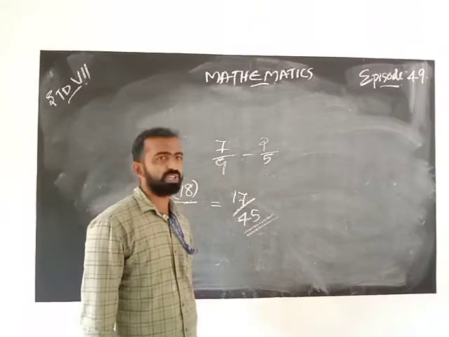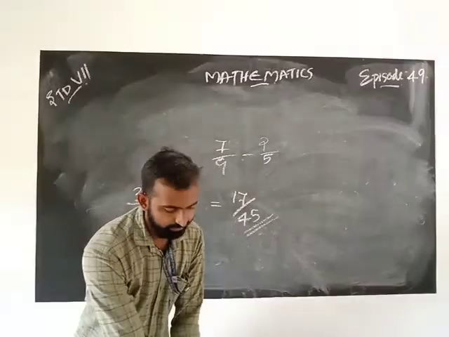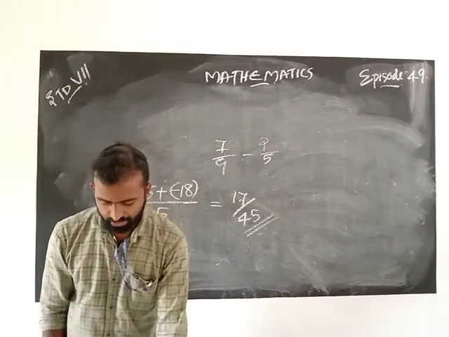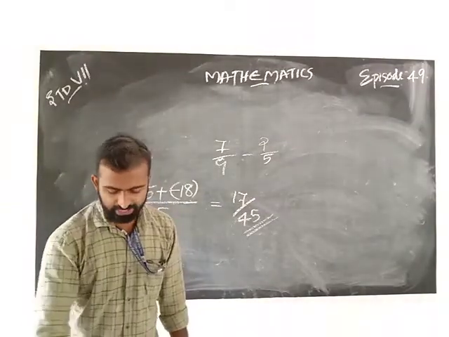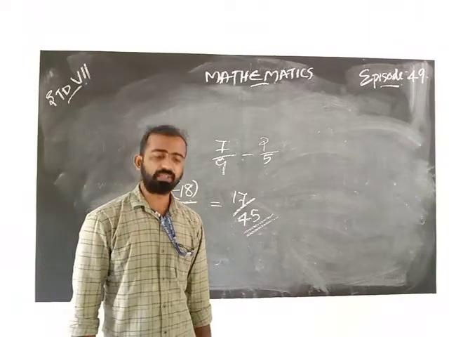And next one is 2 and 1 by 5 minus negative 1 by 3.